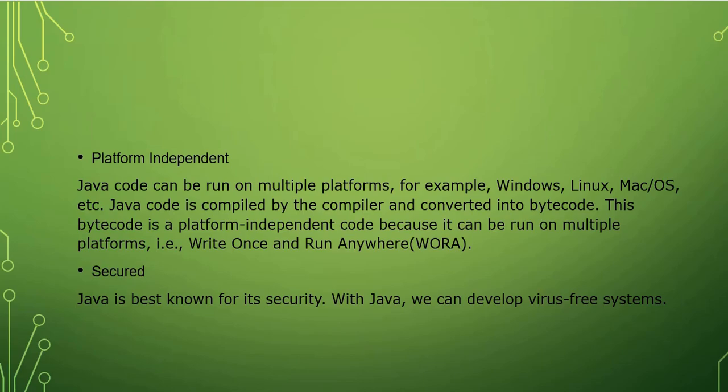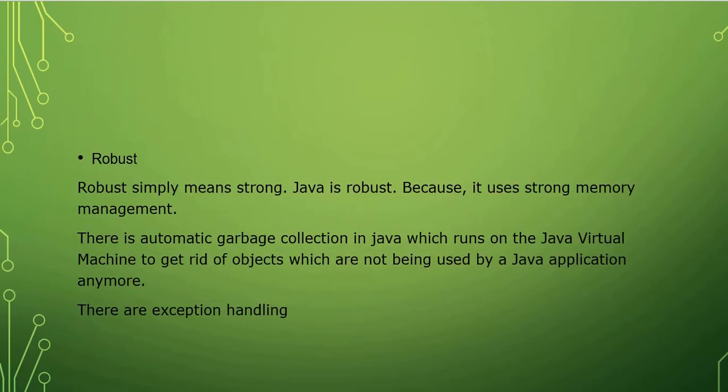Okay, the next one, secured feature. Secured means what? Java is best known for its security. We can develop virus-free systems. Okay, and robust simply means what? Strong. It uses strong memory management. What is strong memory management? There is automatic garbage collection.